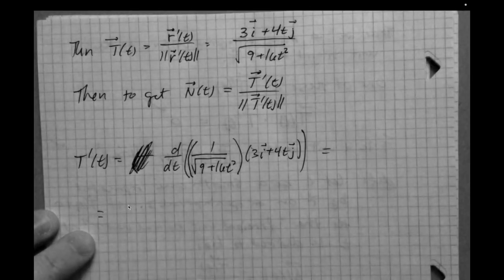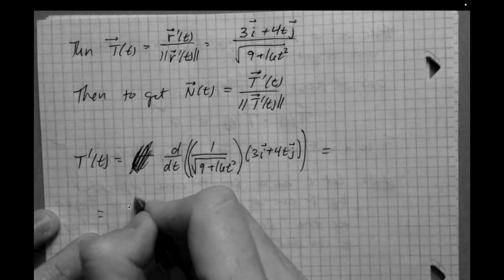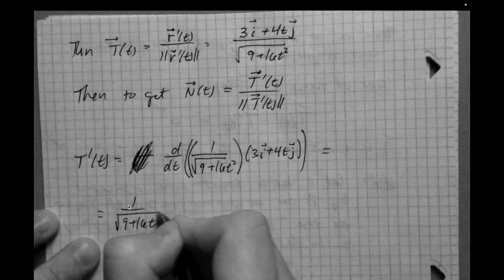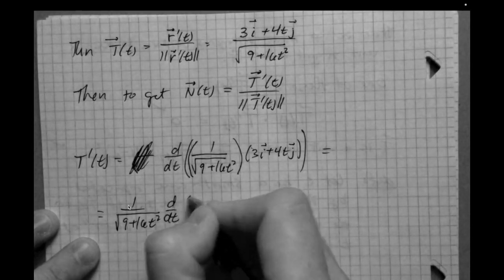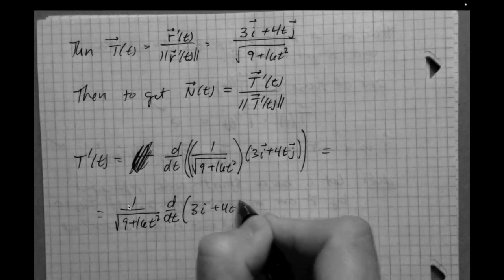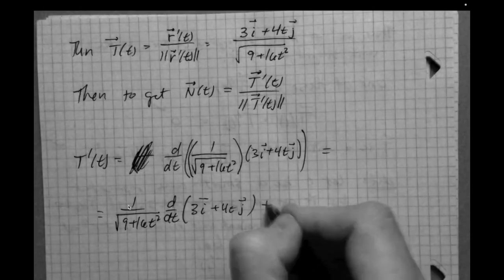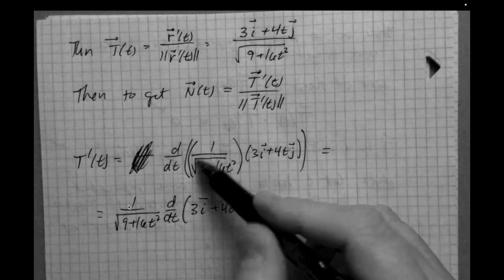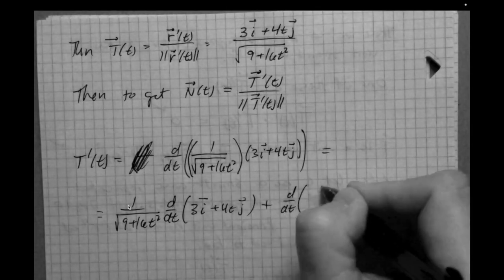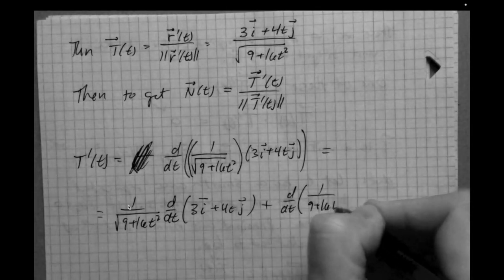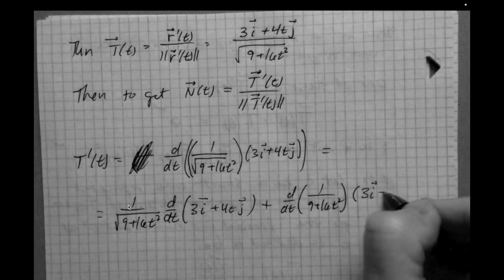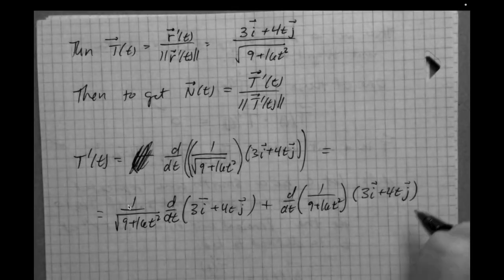Okay, and so this will get a little convoluted, but let's go ahead and write it all out. We can do this. 1 over the square root of 9 plus 16t squared, and then we need to differentiate the vector piece. And then plus, now we have to differentiate the upfront piece and multiply that times the vector piece, like so.